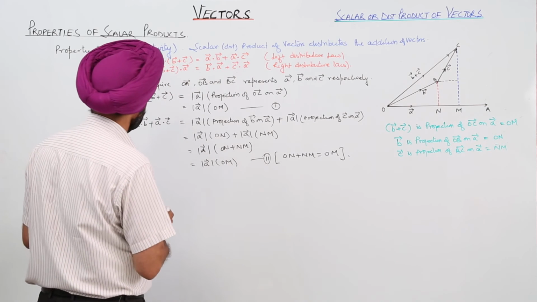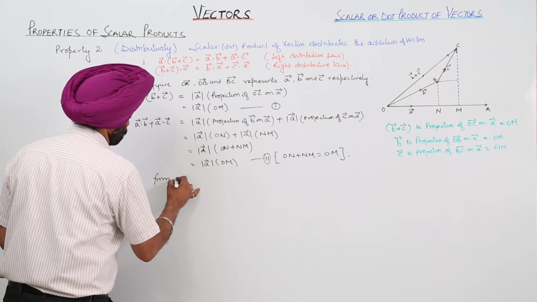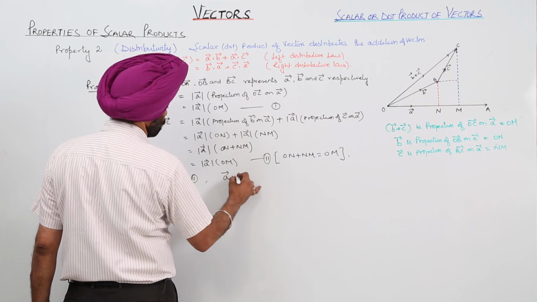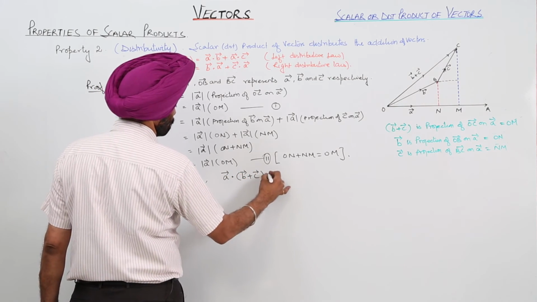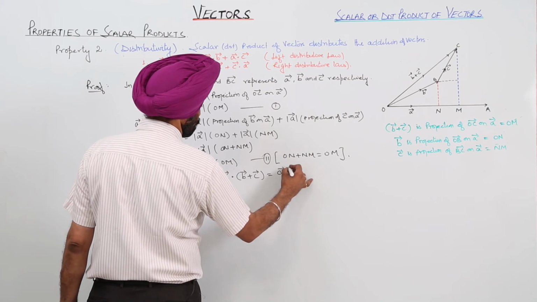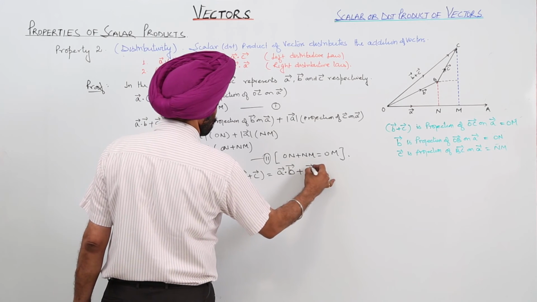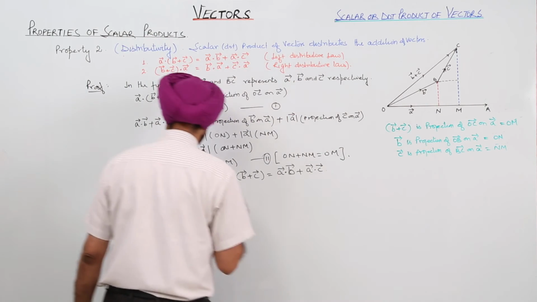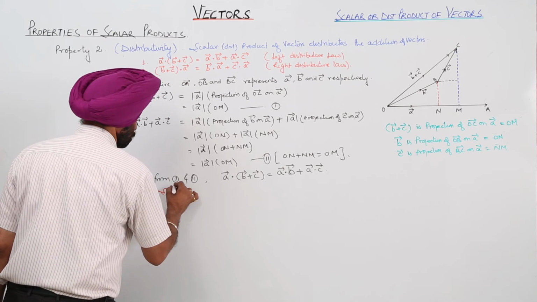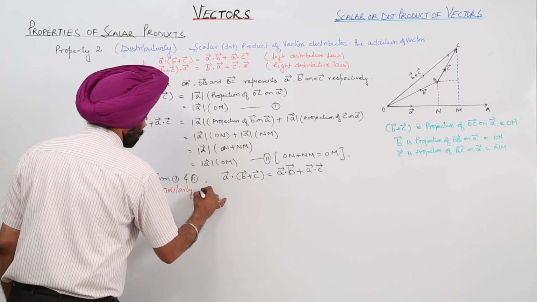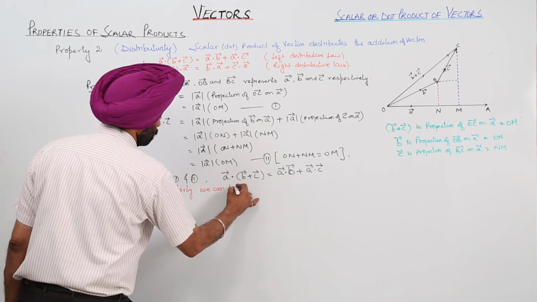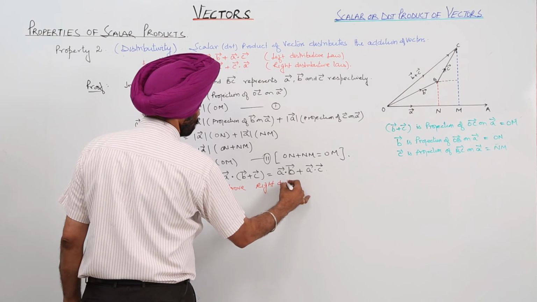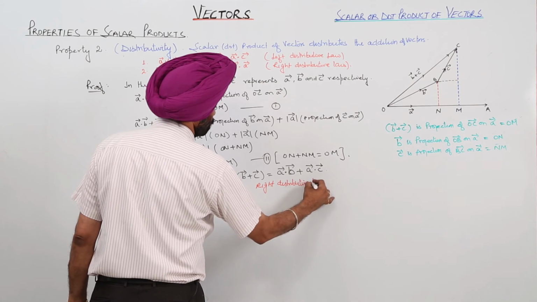Number 2. From 1 and 2, vector A dot (vector B plus vector C) is equal to vector A dot vector B plus vector A dot vector C. Similarly, we can prove the right distributive law.